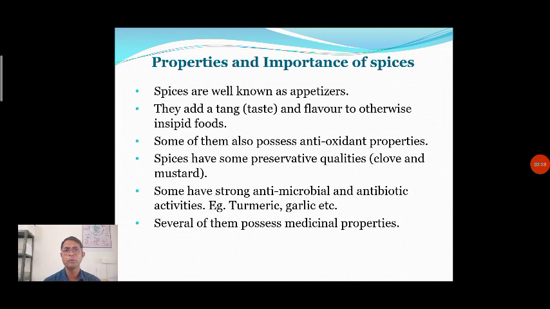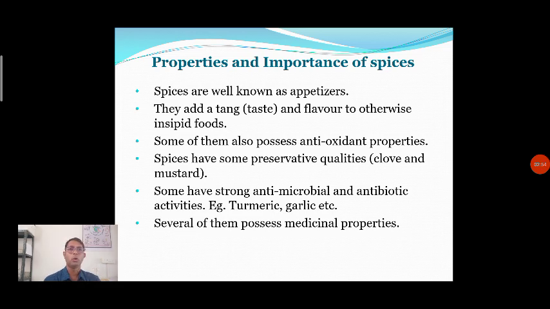For example, we can add turmeric, garlic, or ginger. These additions help to store the food material for a longer duration, so the shelf life of that perishable food material is enhanced.